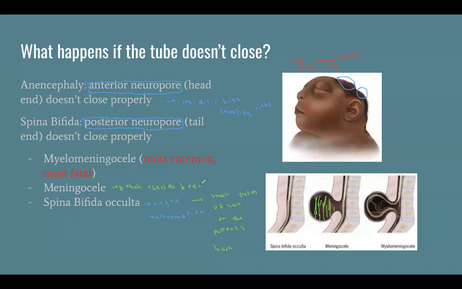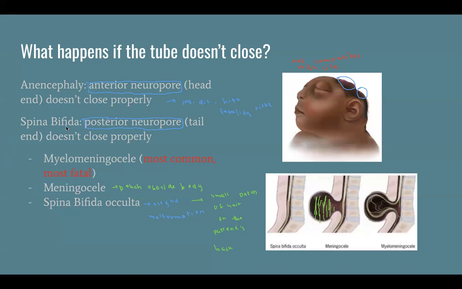This is problematic because it exposes the pouch and it's often susceptible to infection really easily, but I'm pretty sure it's compatible with life. But the most common and the most fatal form of spina bifida is what's known as myelomeningocele.